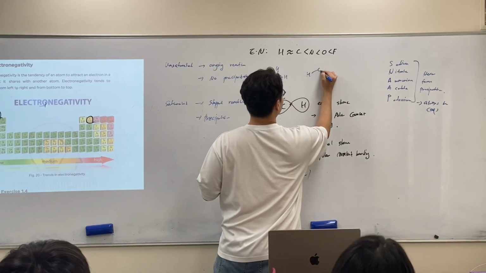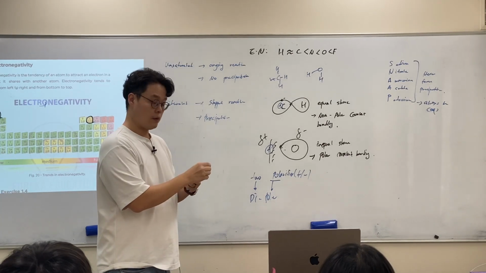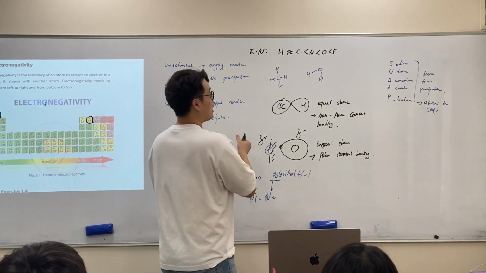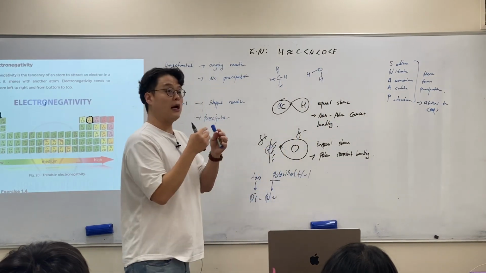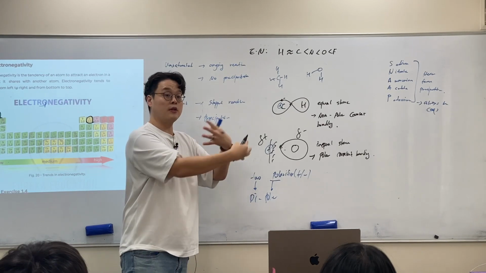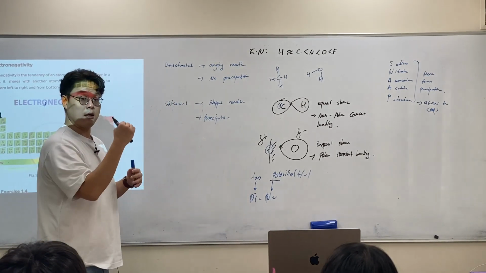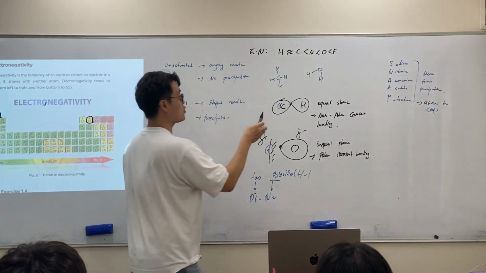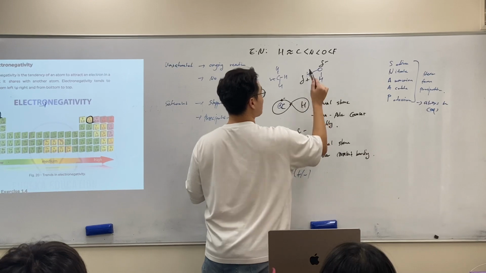We have water, oxygen with the hydrogen like this. This oxygen and hydrogen would have positive and negative charges because hydrogen had the lowest electronegativity among the non-metal groups, and oxygen has one of the highest. So this would definitely be partially negative and partially positive.